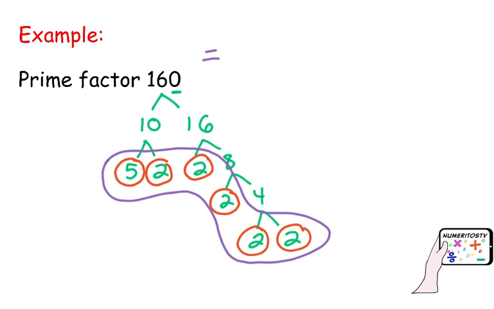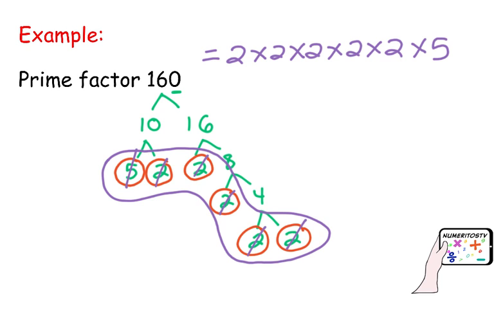So let's start with the smallest one. The smallest one is 2. How many 2's do you have? 1, 2, 3, 4, 5. So 5 2's multiplied, because we're doing the product of prime numbers, and don't forget about your 5, times 5.